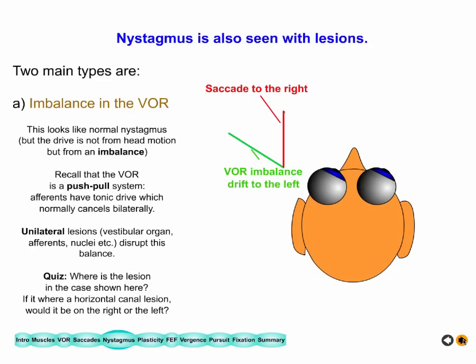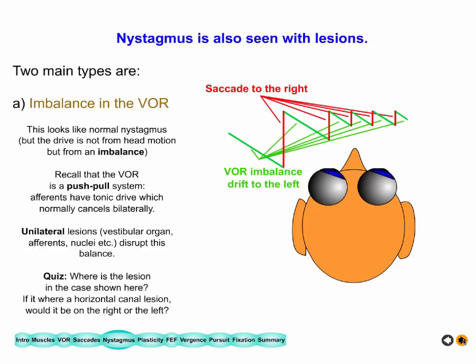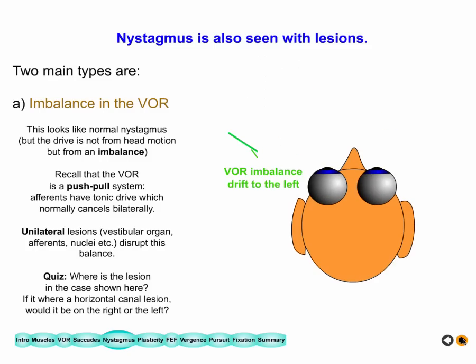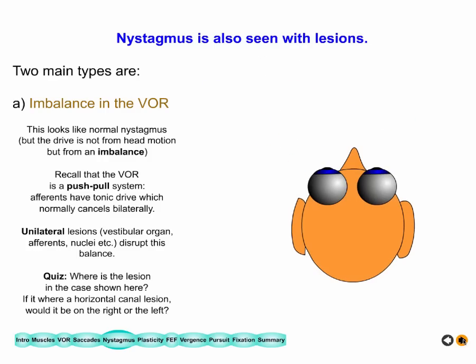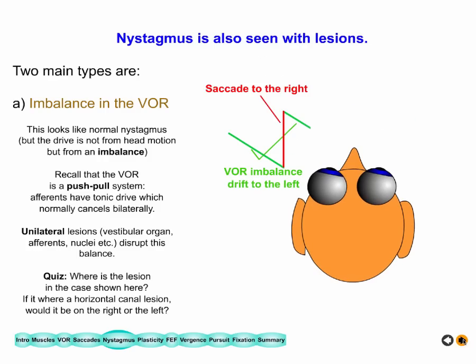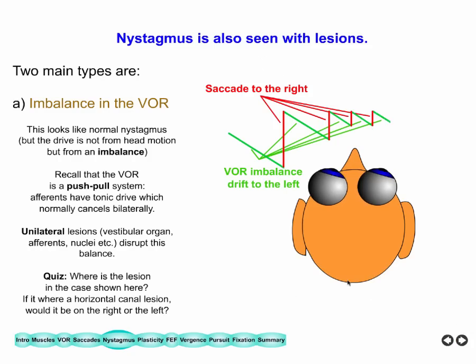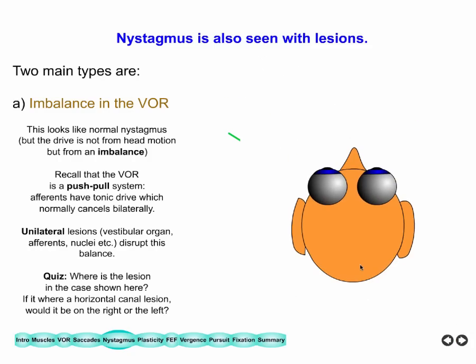Now, here you see very similar movements, but there's a big difference. Okay? The head isn't turning. The head isn't turning, so somehow the brain is producing the same movement. And recall the VOR works in pairs.